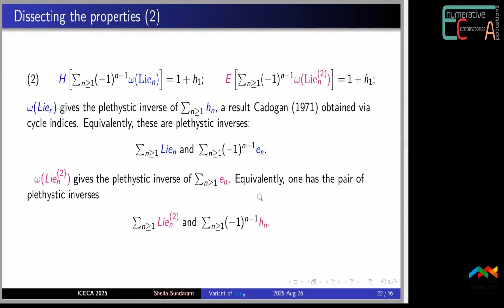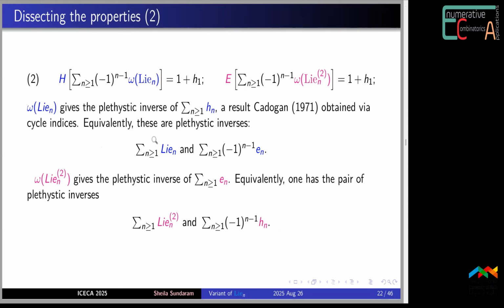Okay. Second property, so this is the one that gives the plethystic inverse of the H's for Lie. This is actually a very old computation of Kraskiewicz, and he got it by looking at graphs and computing cycle indicator functions. But the interesting thing is you can rewrite this in a friendlier way by taking away this omega of Lie_n.